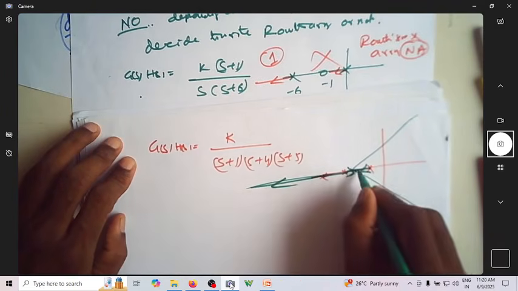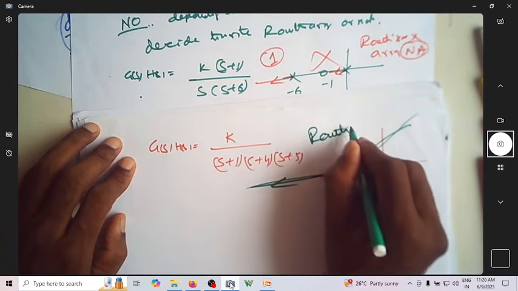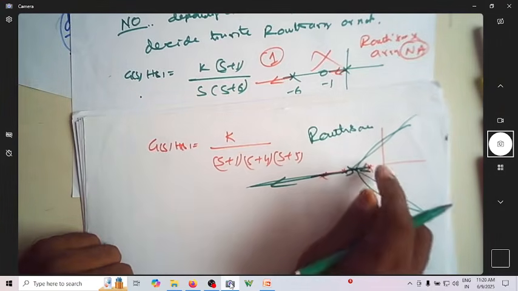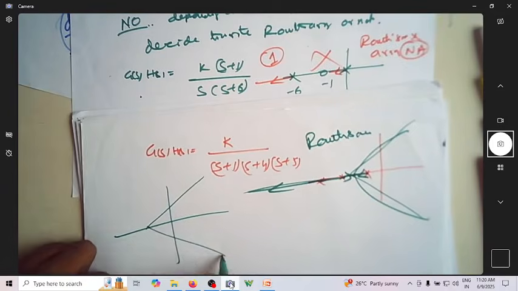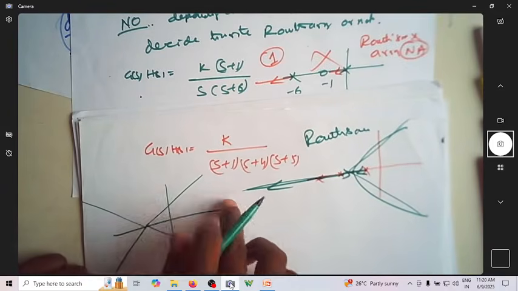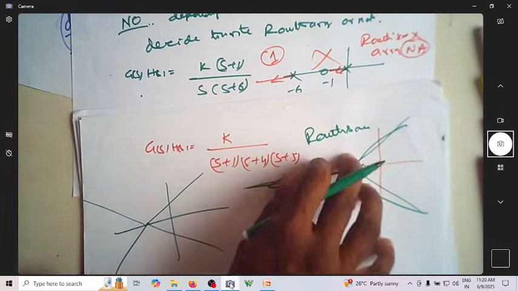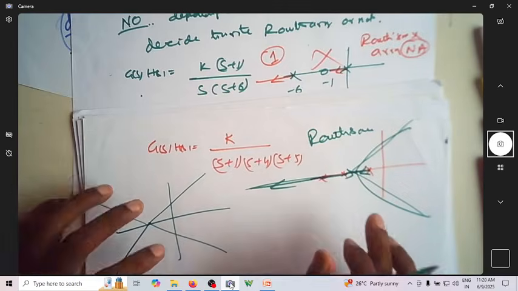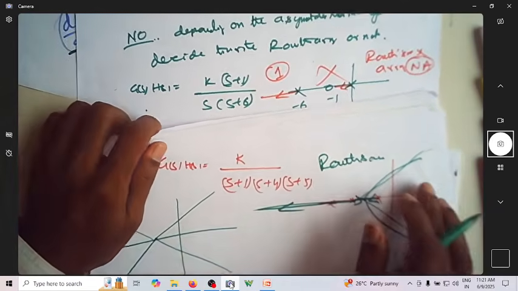This goes this way and it has to cross. So the Routh array is required. If it is 3 or more than 3, if it is 4 also, then we know that it is going to cross the imaginary axis. When you have 4 or 3 asymptotes, you are supposed to write the Routh array and see whether the roots are going to the right hand side.